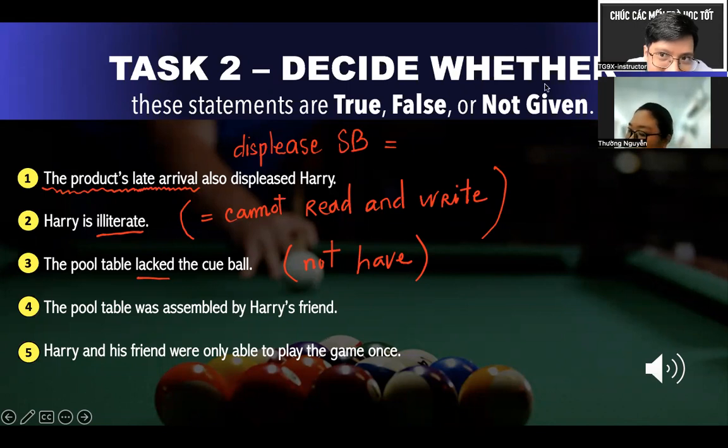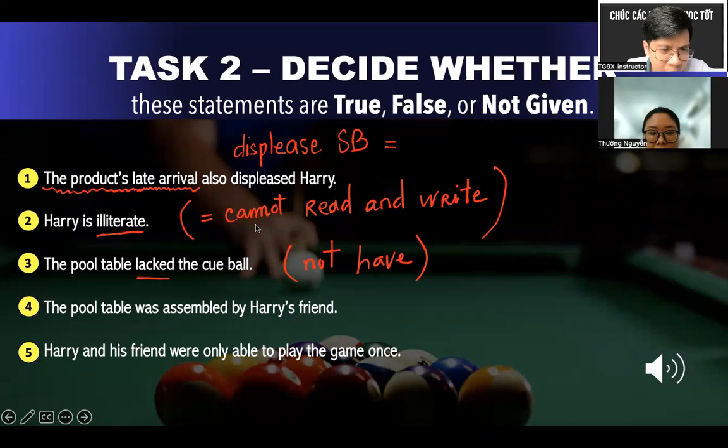Yes. Number 4, not given, because I'm not sure if his friend assembled the table or not. But I heard that Harry assembled the table in 2 hours.